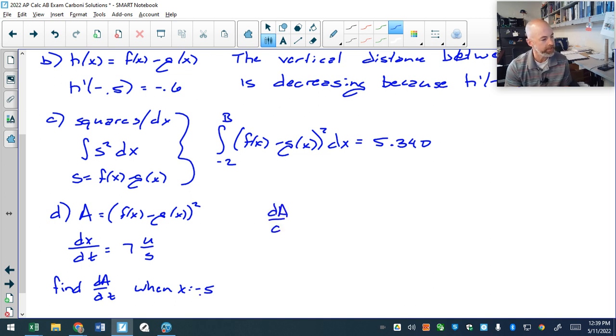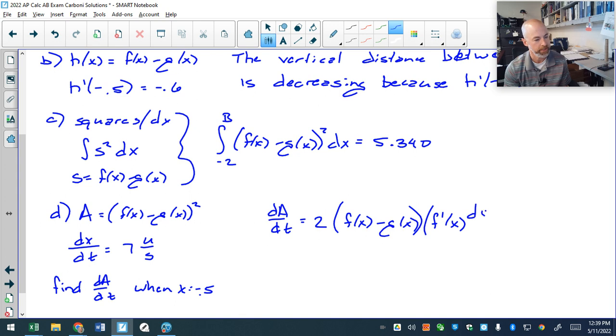So dA/dt would be 2 times, it's a chain rule, f of x minus g of x times the derivative of the inside, which would be f prime of x. And since I'm differentiating with respect to t, I need to multiply that by dx/dt, minus g prime of x dx/dt. Now we plug in.